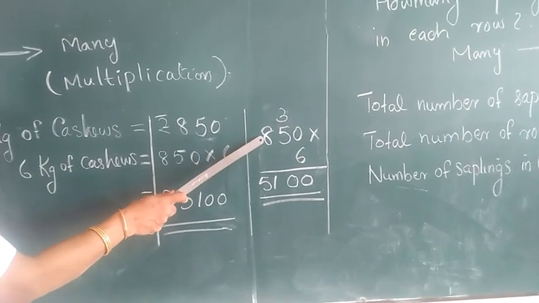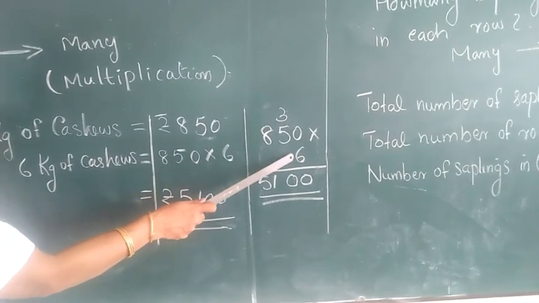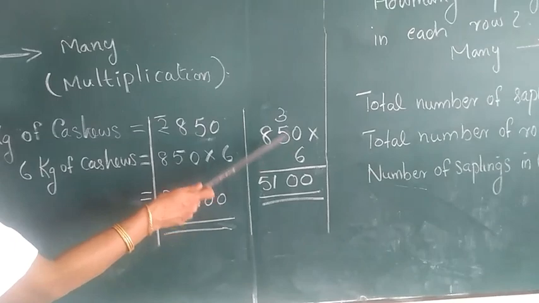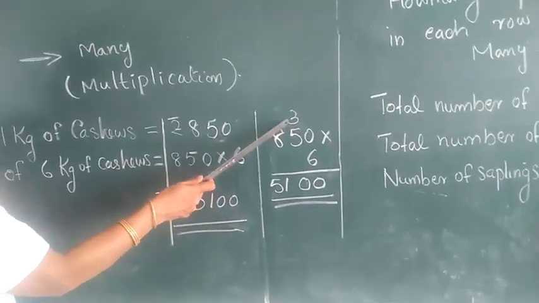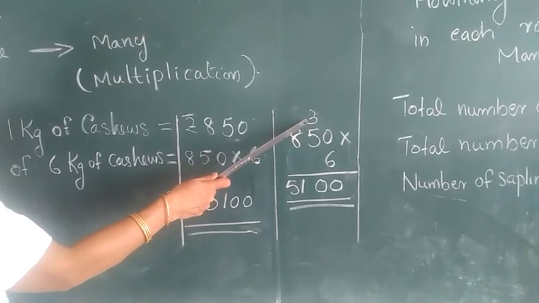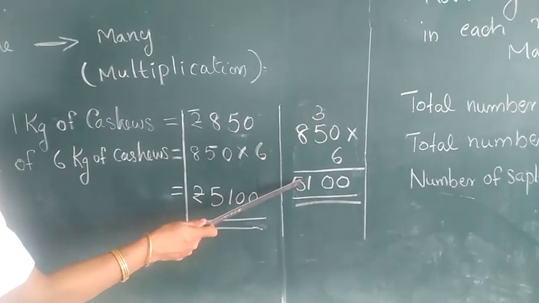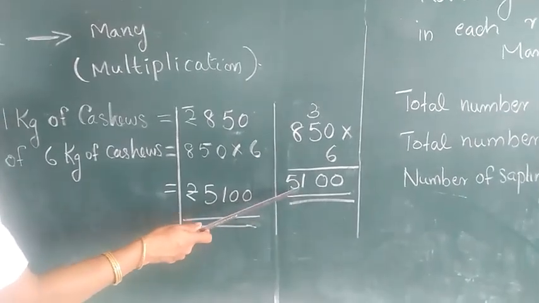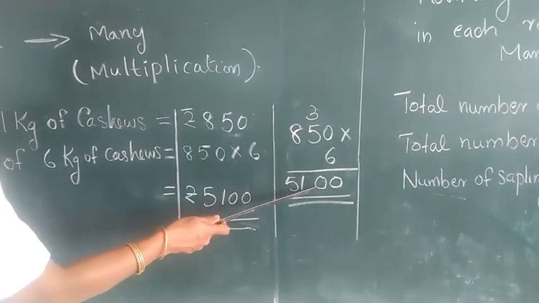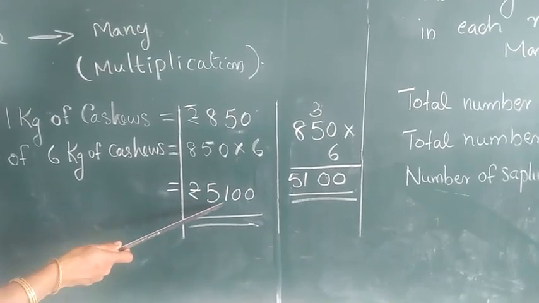Next, hundreds place. 8 into 6, 48. This carried 3 should be added. 48 plus 3, 51. So the answer is 5,100 rupees.